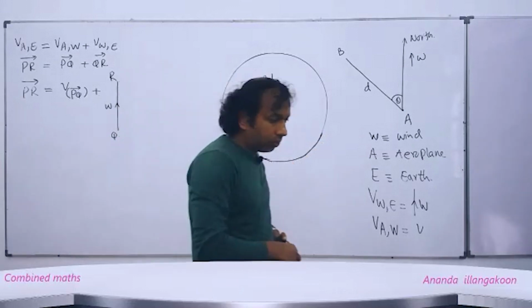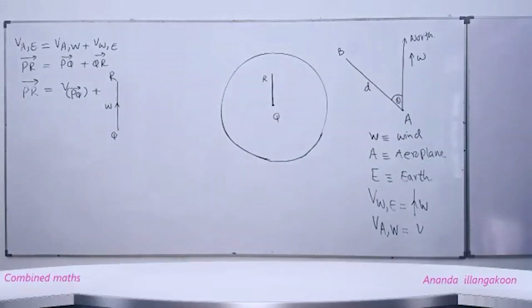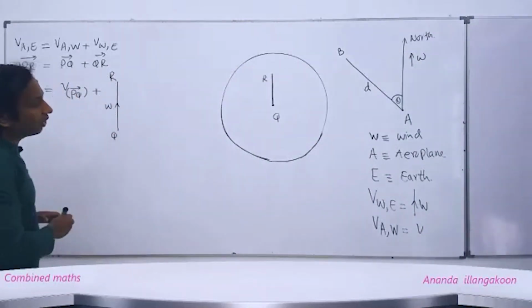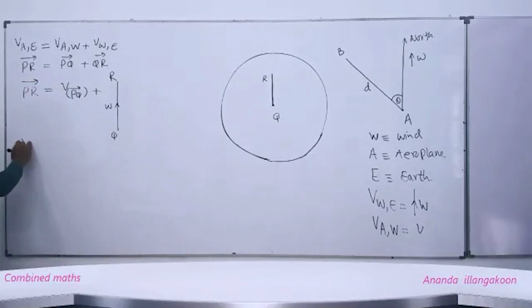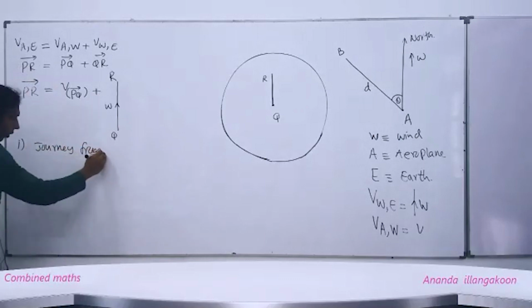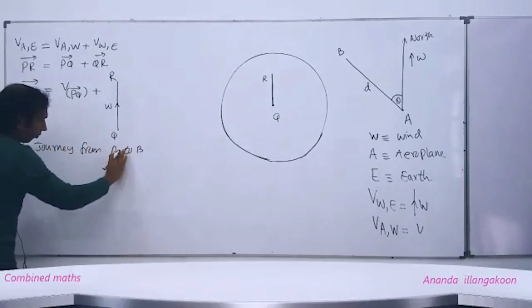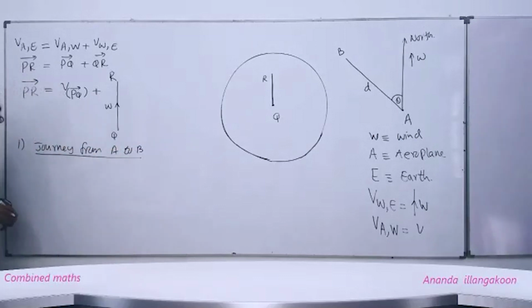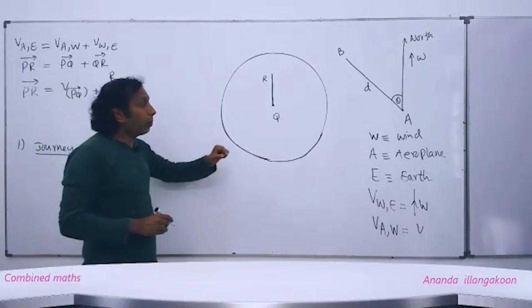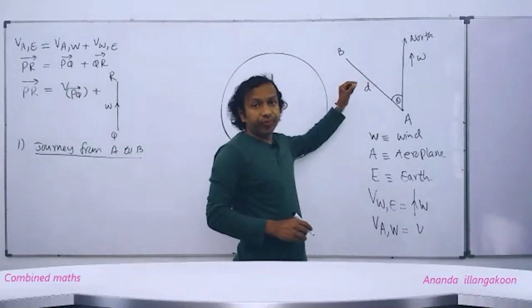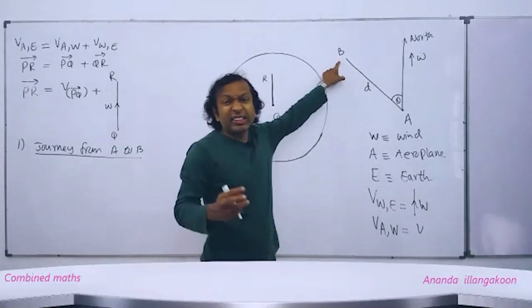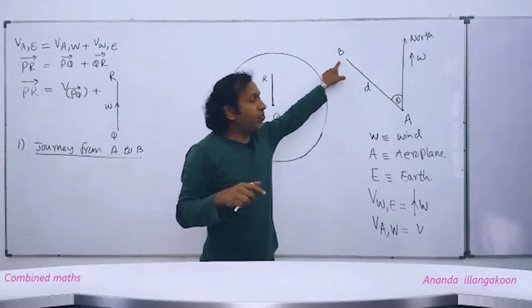Now what we need to do is this. First I'm going to consider the first one, the journey from A to B. When the aeroplane moves from A to B, the resulting velocity should be pointing along AB.